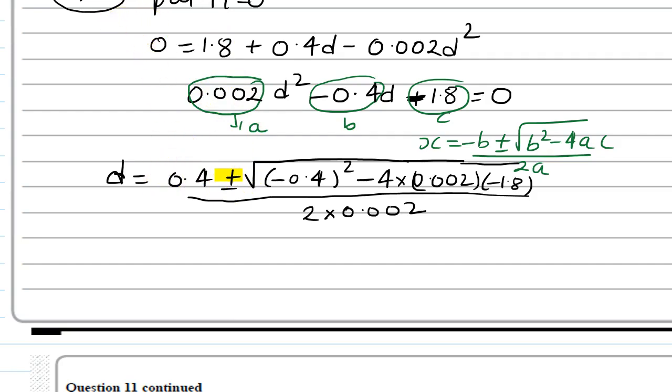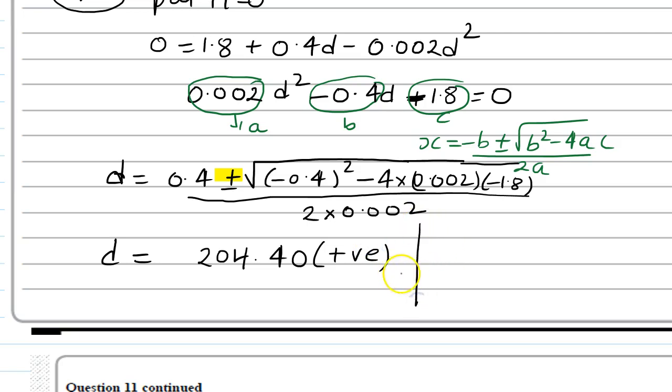So d equal to 0.4 plus, so I have taken the positive sign, 0.4 square minus 4 times 0.002 times minus 1.8, divided by 2 times 0.002. So it gives the value 204.40, when we have taken the positive sign.